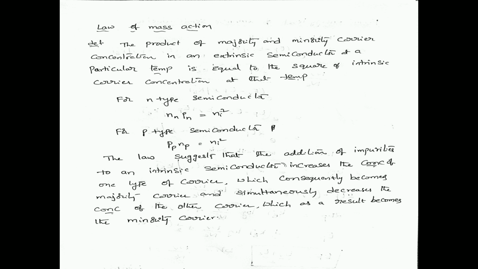Next topic, carrier concentration in extrinsic semiconductor. Previously we discussed carrier concentration in intrinsic semiconductor. Here we discuss carrier concentrations in extrinsic semiconductor, that is, charge densities in n type and p type semiconductor.